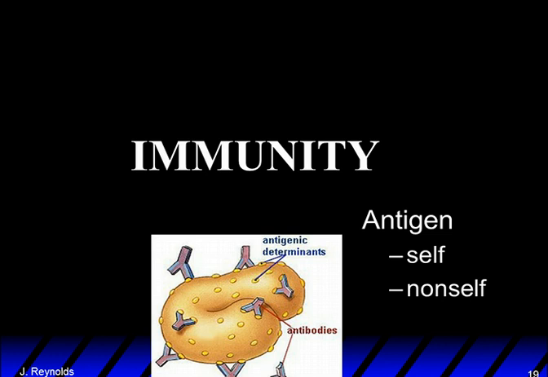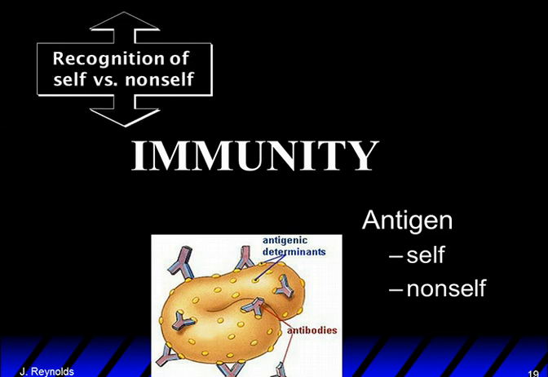Like, patient A needs a kidney, and they get a kidney from patient B, and patient B's kidney is going to have different markers or antigens on the cells than patient A's cells have on their kidney. So, non-self.